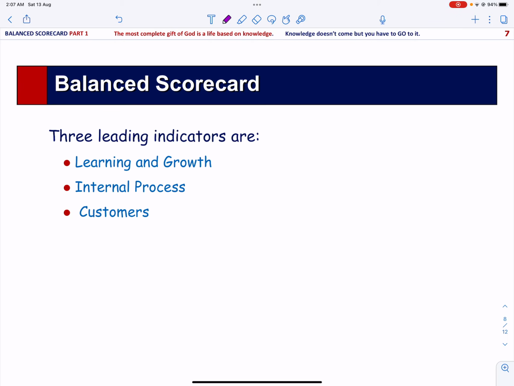Thus, in order for a company to be recognized as successful, the balanced scorecard focuses on three components in addition to the financial indicators.